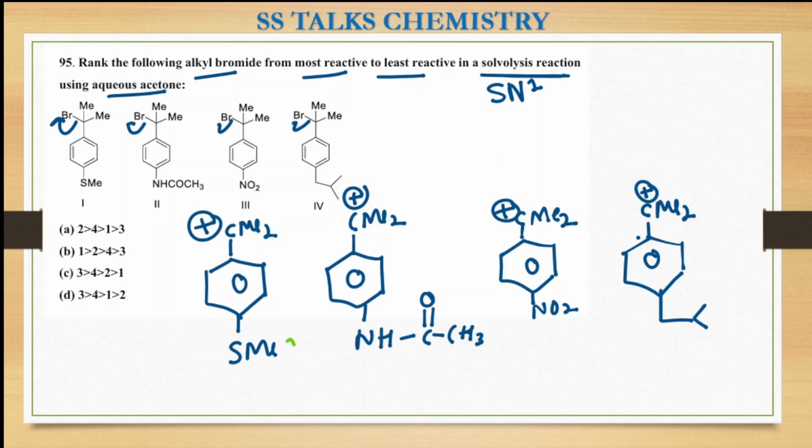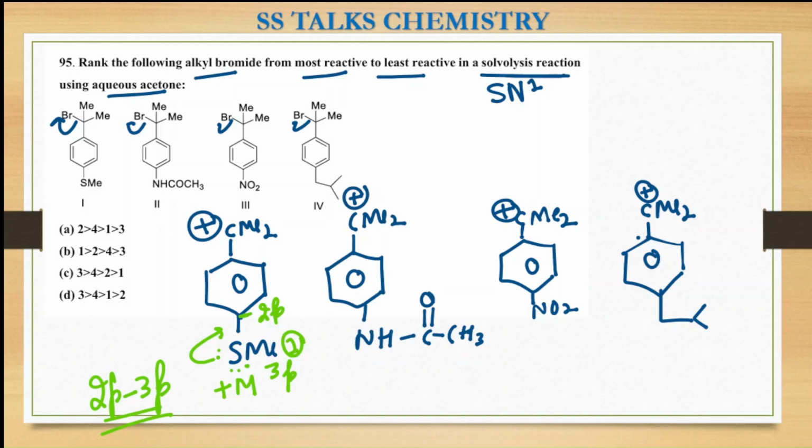In the first molecule, the sulfur contains a lone pair of electrons and can apply the plus M effect. But the overlap is between the 2p orbital of the carbon atom and the 3p orbital of the sulfur atom, which is generally not considered a good overlap.